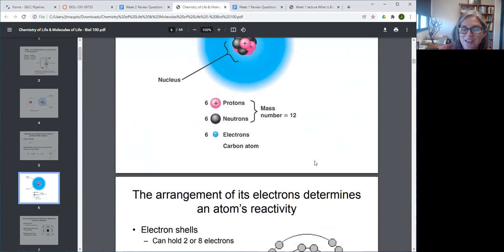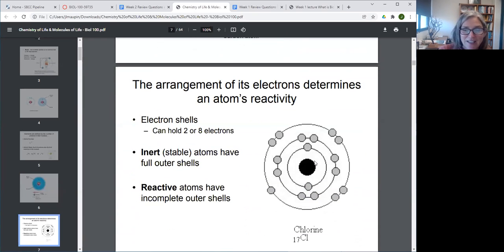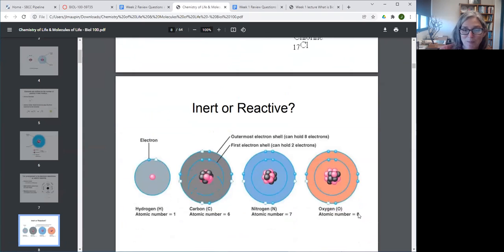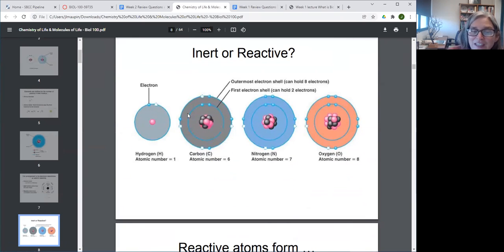And the first thing it's going to do is fill up that innermost electron shell with 2 of those electrons, and then it only has 4 more. So I'm going to show a picture of carbon here, right? This first shell holds 2. Then after that, the next shells can hold up to 8.